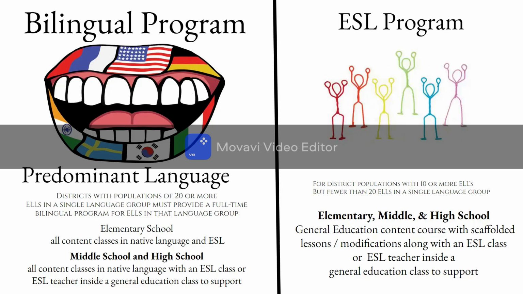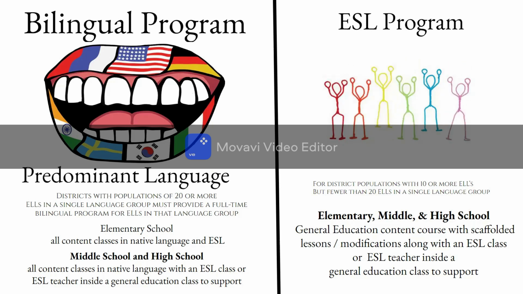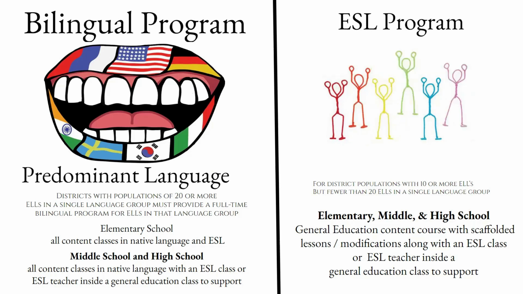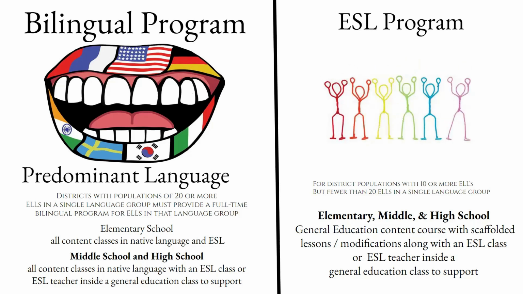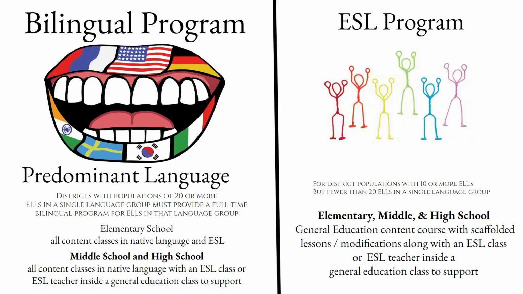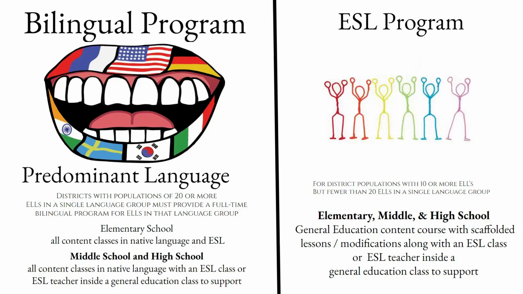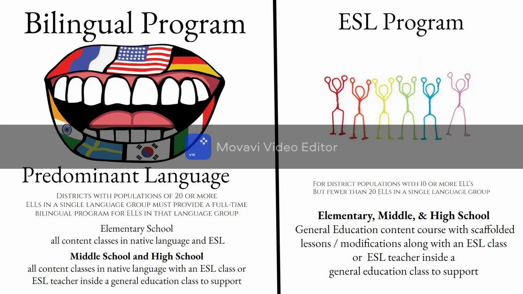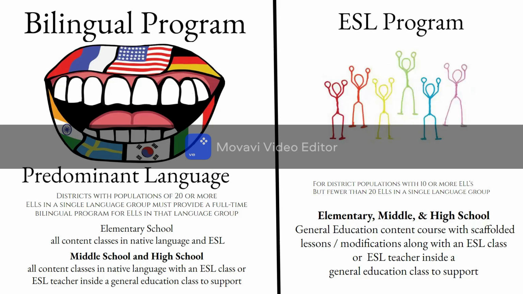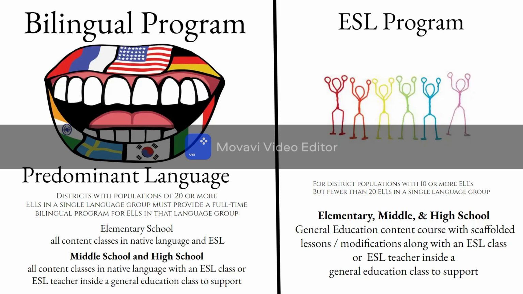Sometimes, depending on how many students you have, there's a separate class just for ESL where students learn English from a teacher, or during the language arts period, whether elementary, middle, or high school, there's an ESL teacher in the classroom circulating and co-teaching with the general education teacher.